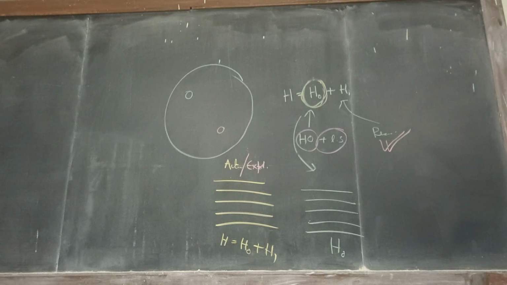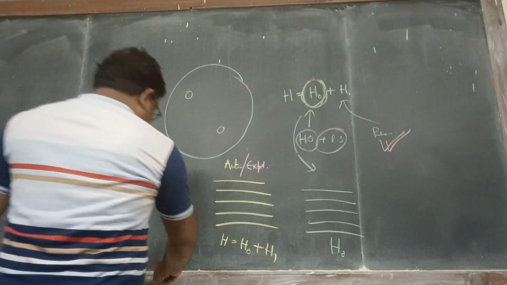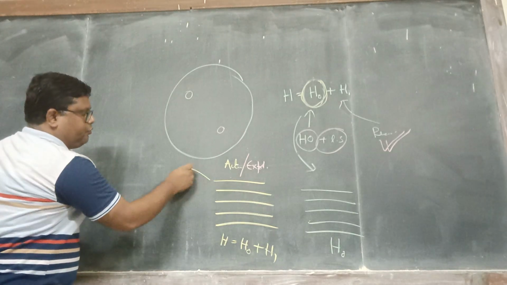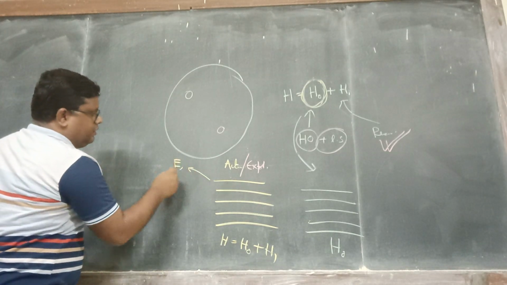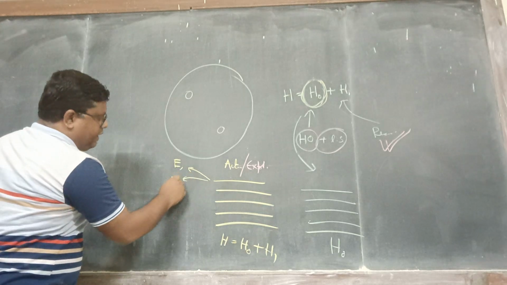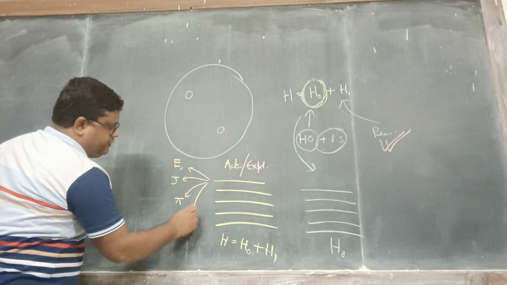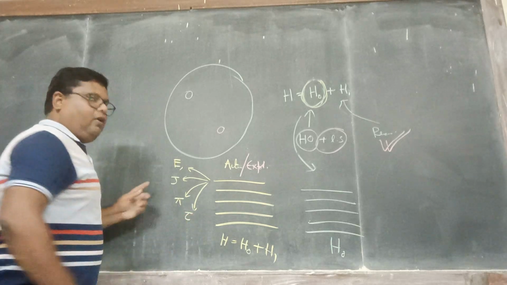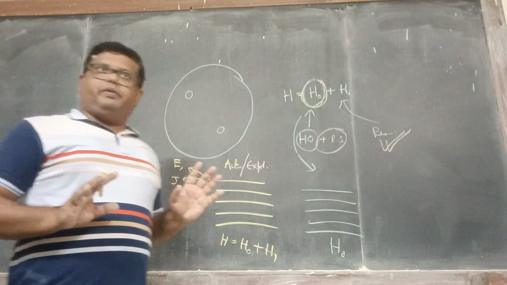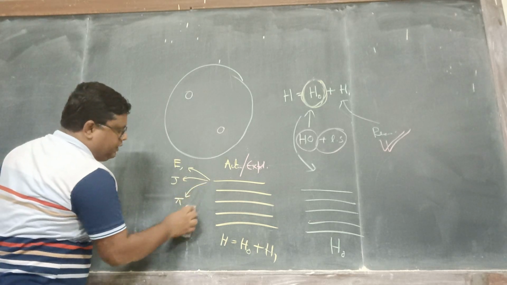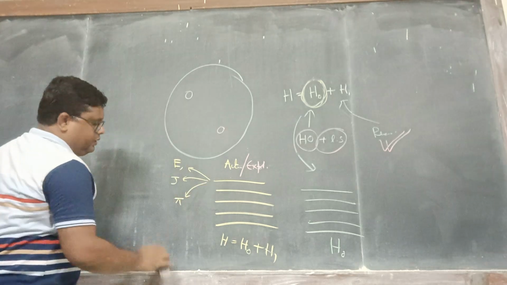Now look carefully. Each of these levels, as I told you before, will have energy, angular momentum, parity, lifetime, and also electric and magnetic moment. For the time being, let me consider only energy, angular momentum, and parity.